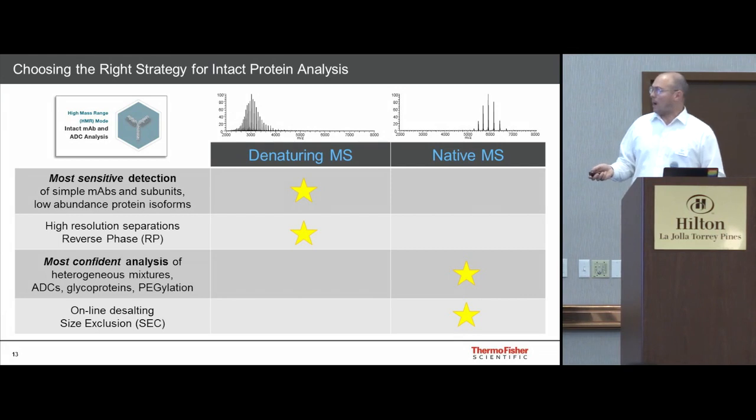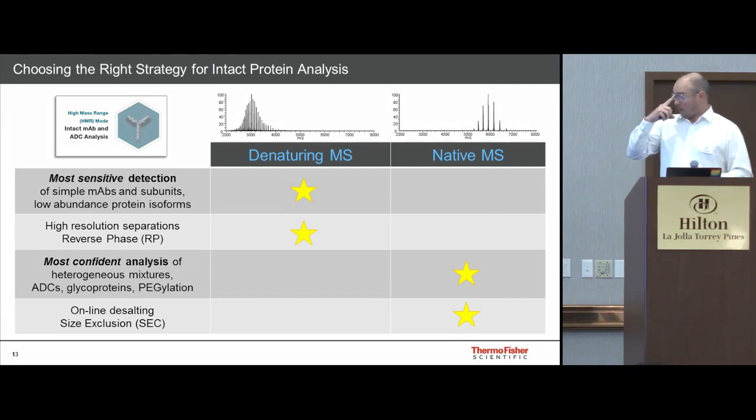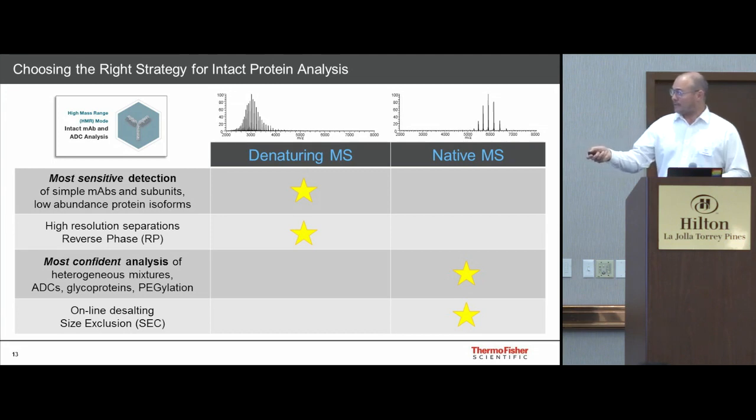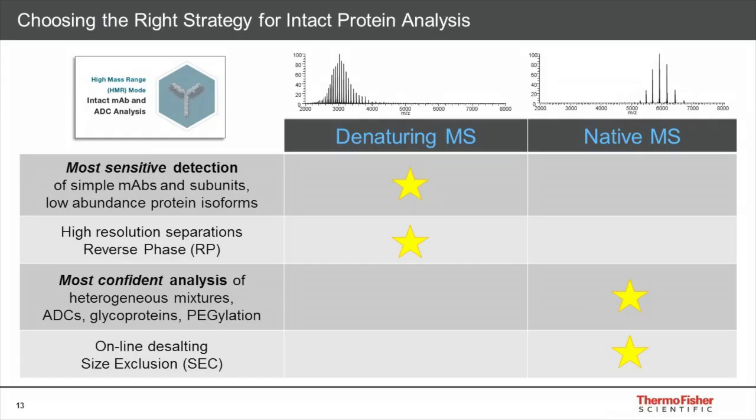What's the difference though? Why would you use one versus the other? Well, denaturing mass spectrometry is compatible with separations that are very familiar, reverse phase separation. It's also very sensitive. So the organic, the formic acid, forcibly charging these proteins, it lends itself to very sensitive detection.